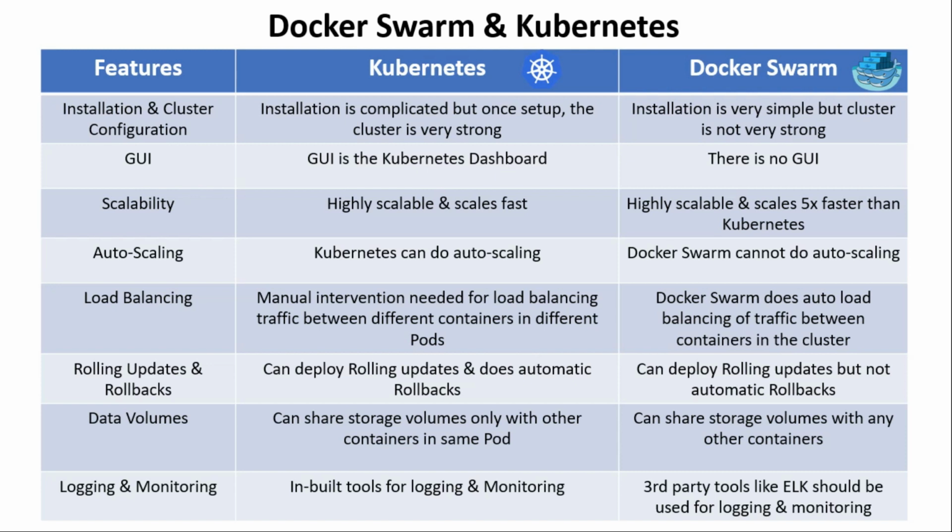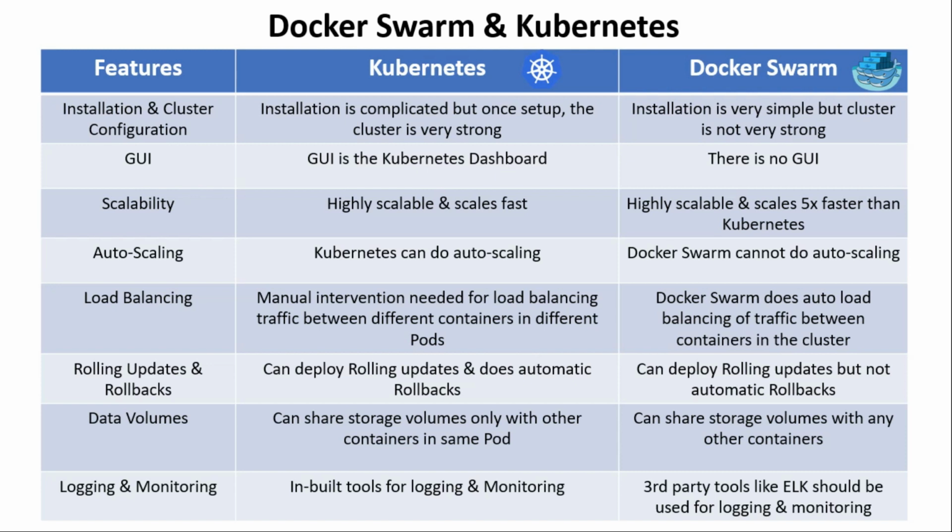Kubernetes always talks with the pods, and pods give the command to containers to create and manage everything. So if you have multiple containers on a single pod, they can connect together. But if you have containers on different pods, they can't connect, and you will have to do manual configuration for load balancing. If we are using Docker Swarm, it does automatic load balancing of traffic between containers in the cluster.